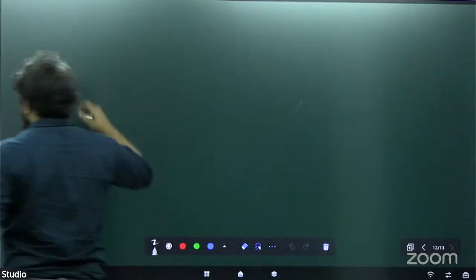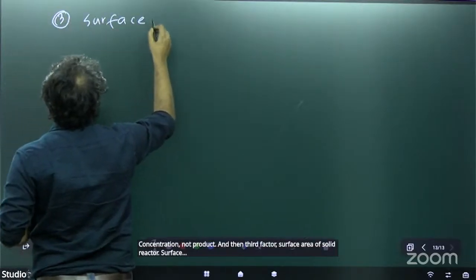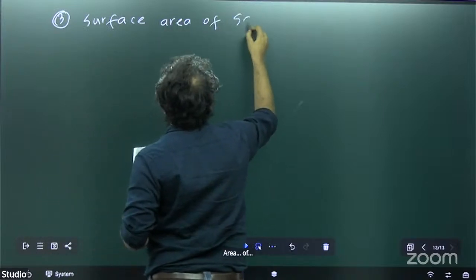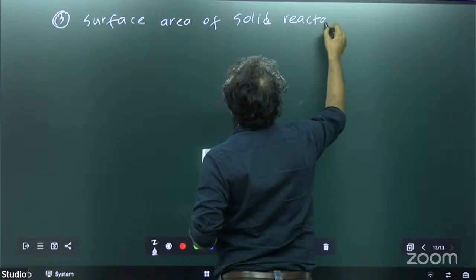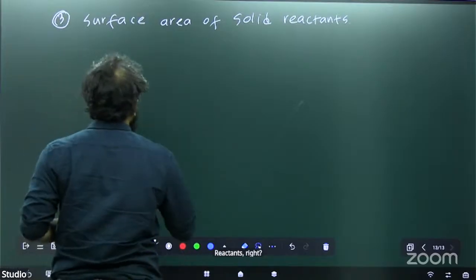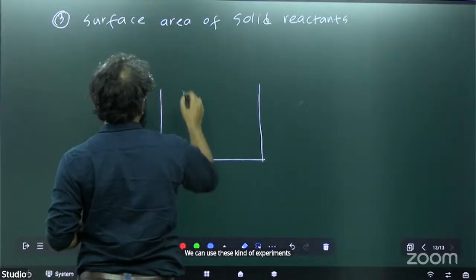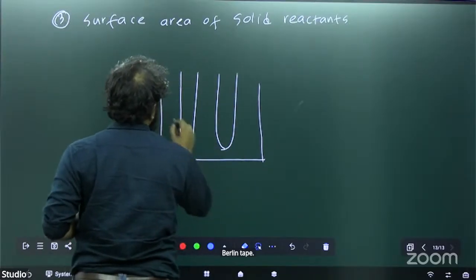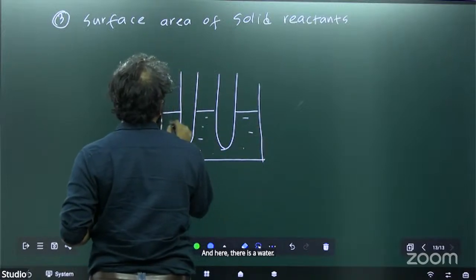Right, then third factor, surface area of solid reactants. To study the surface area, we can use this kind of experiment setup: water bath, boiling tube, and here there is water at 25 Celsius.